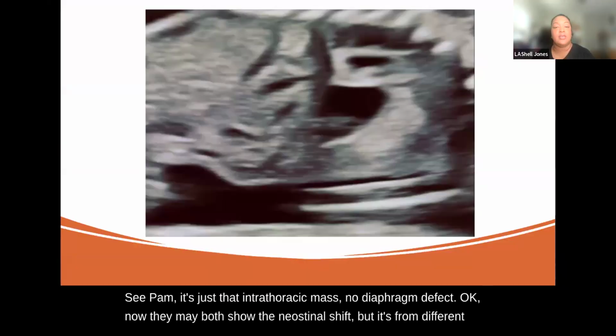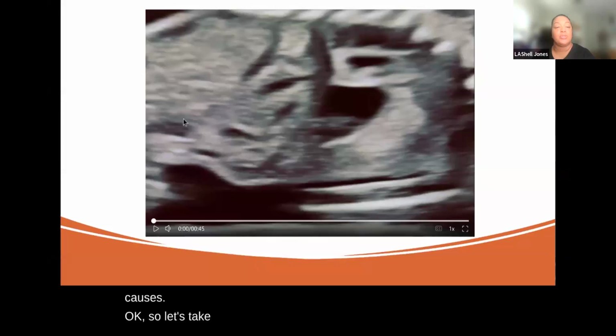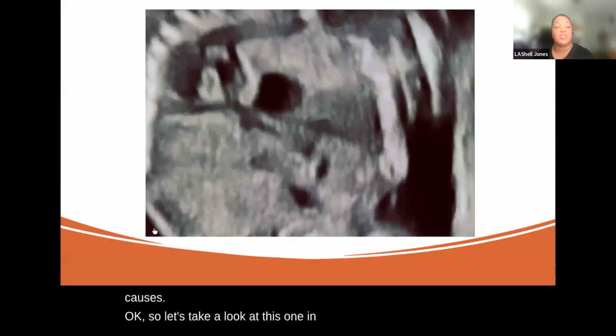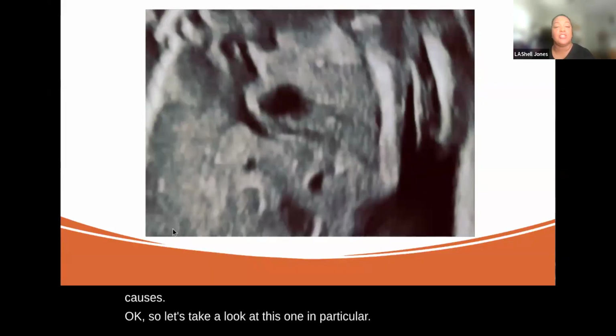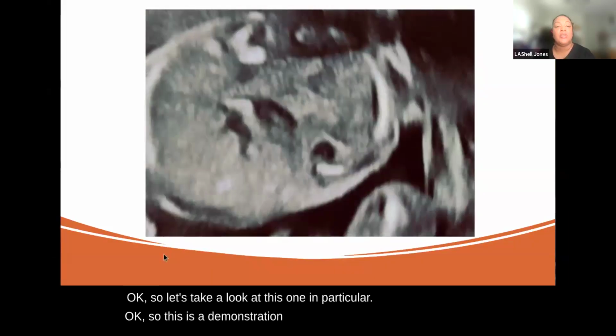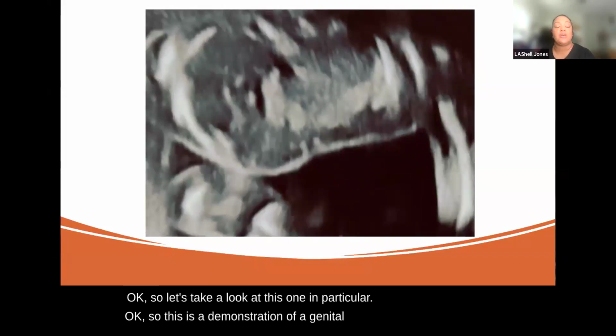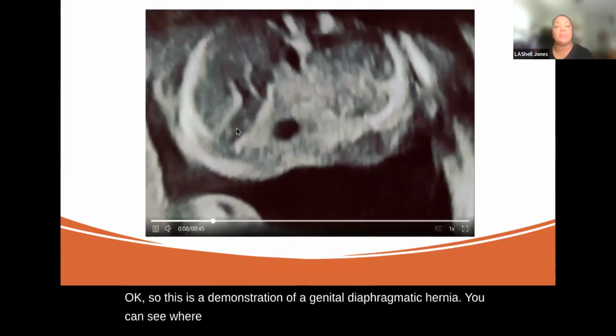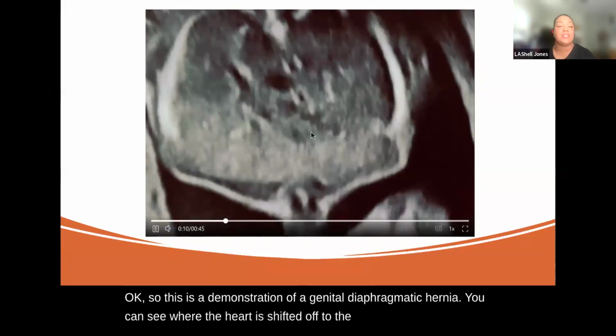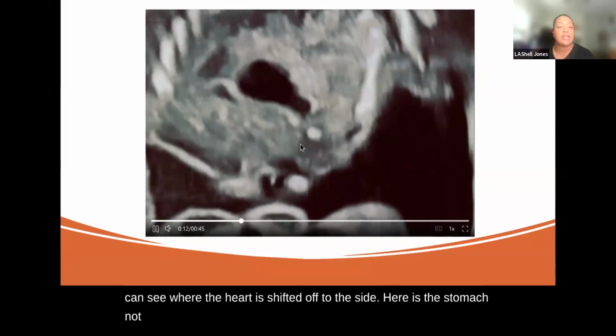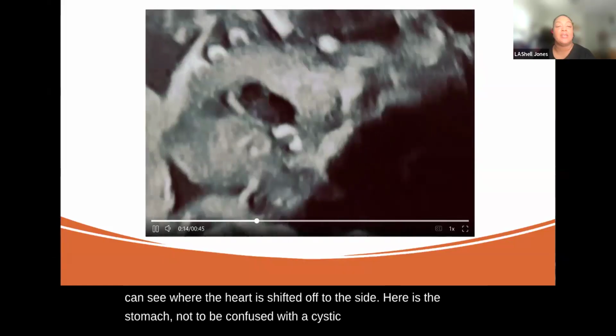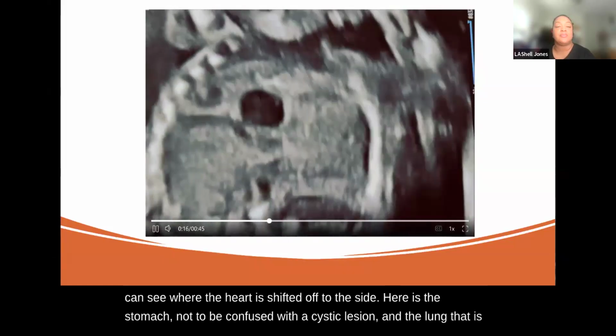Okay, so let's take a look at this one in particular. This is a demonstration of a congenital diaphragmatic hernia. You can see where the heart is shifted off to the side. Here is the stomach, not to be confused with a cystic lesion. And the lung, that is actually the stomach adjacent to the chest.